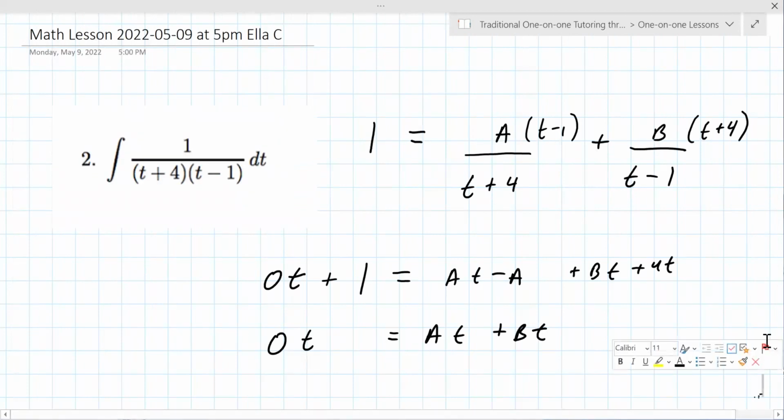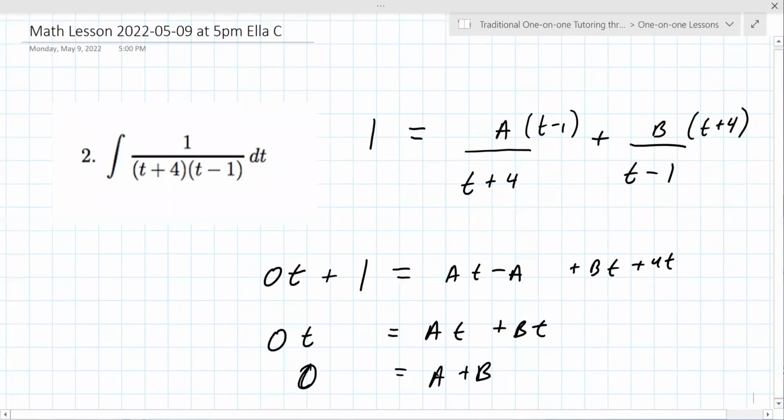So this becomes 0 equals A plus B, because you just exclude the t's. They don't even count, or whatever variable you're using.